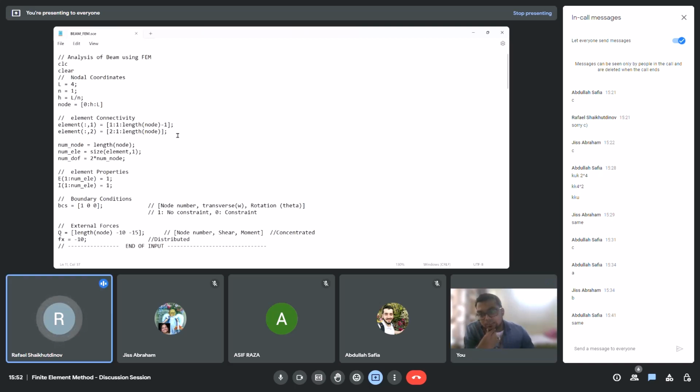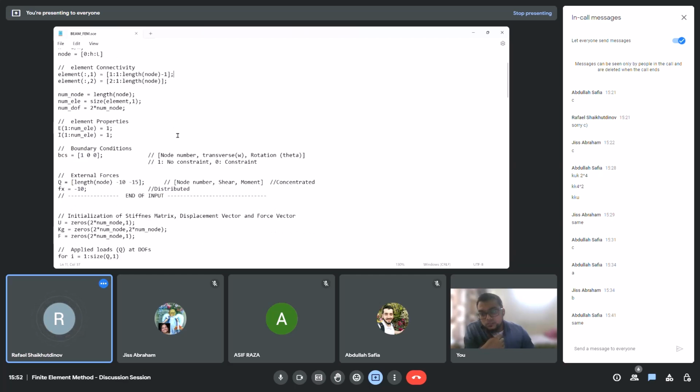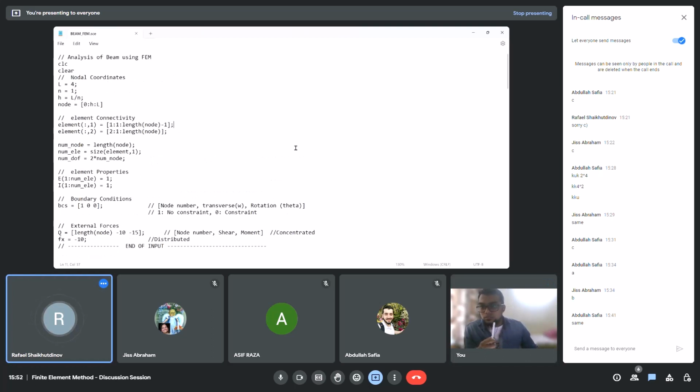Can we just run this code up to this line for our problem that we have? Let me see. We have three elements.